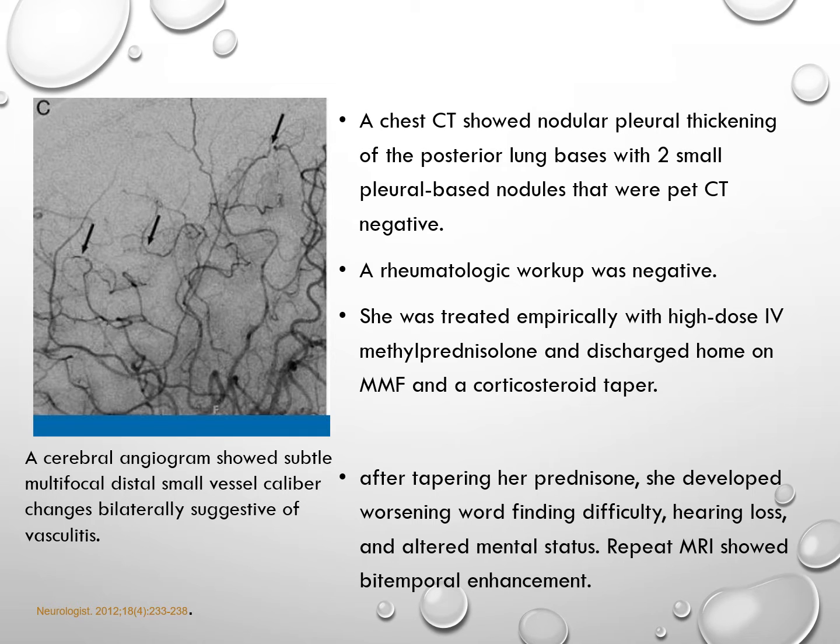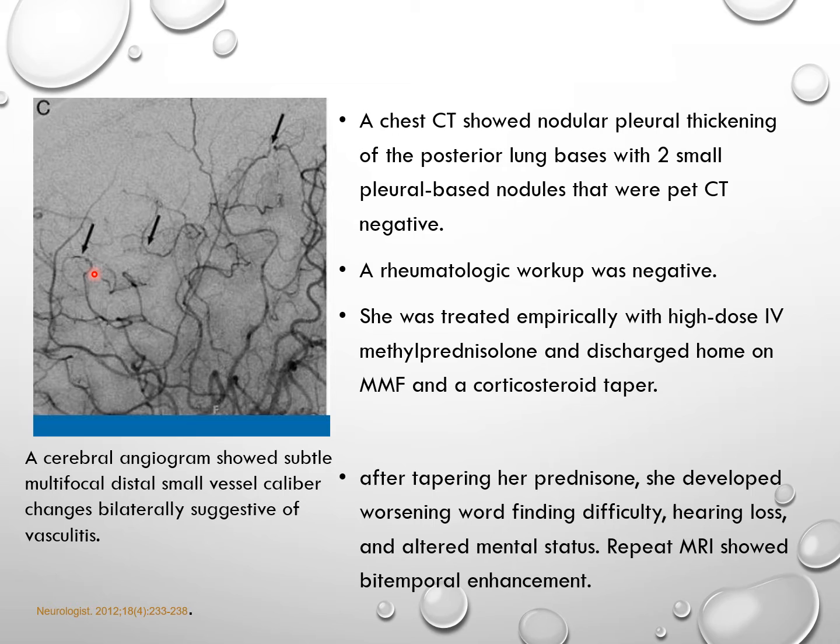So the rheumatologist workup was done to rule out any underlying vasculitis. And here on the left side of the slide, you can find the cerebral angiogram showing areas of subtle multifocal distal vessel obliteration, suggestive of small vessel vasculitis.